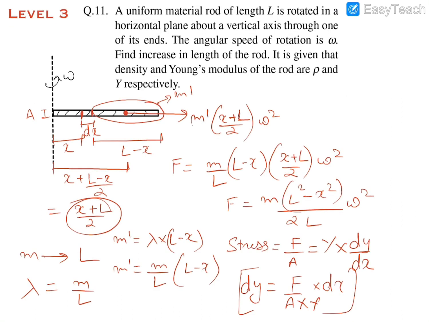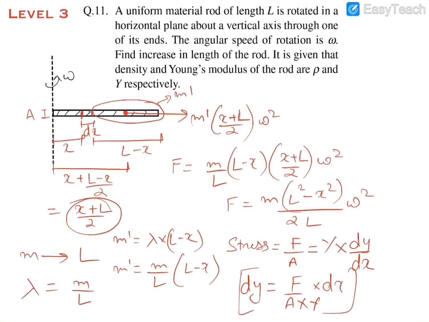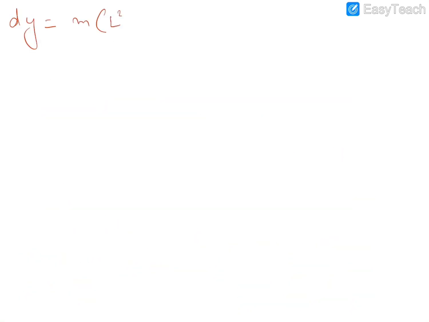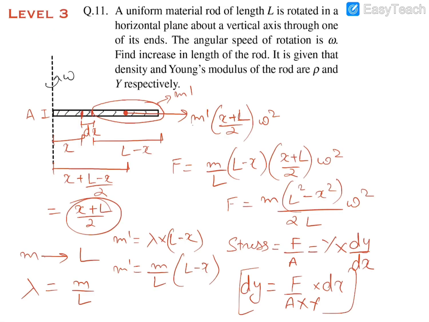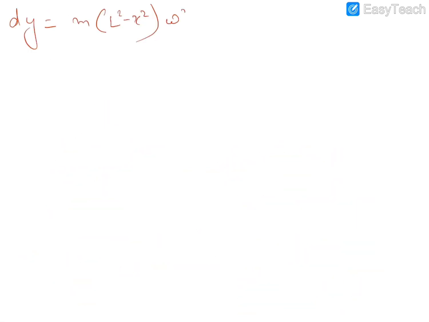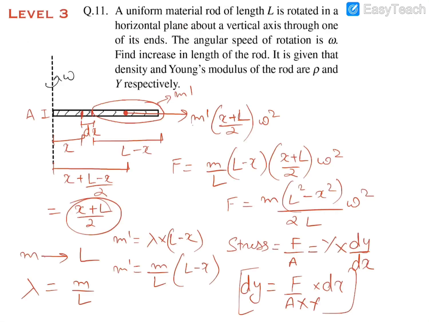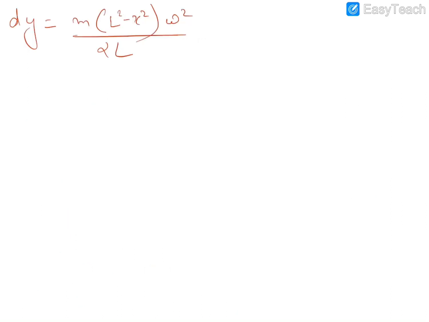So dy will be equal to F upon area into gamma. F is m into (L square minus x square) by 2L into omega square, divided by area A and gamma, into dx.